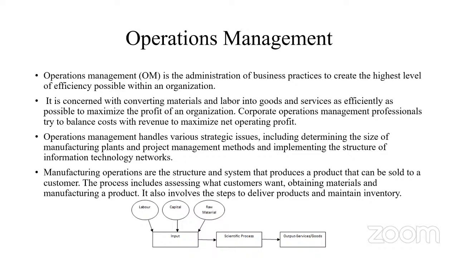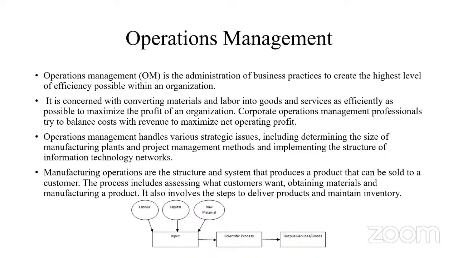Operation management is the administration of business practices to create the highest level of efficiency possible within an organization. It is concerned with converting materials and labor into goods and services as efficiently as possible to maximize the profit of an organization. Operation management handles various strategic issues, including determining the size of manufacturing plants and project management methods, and implementing the structure of information technology networks.